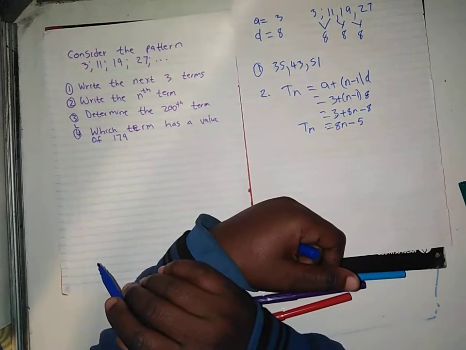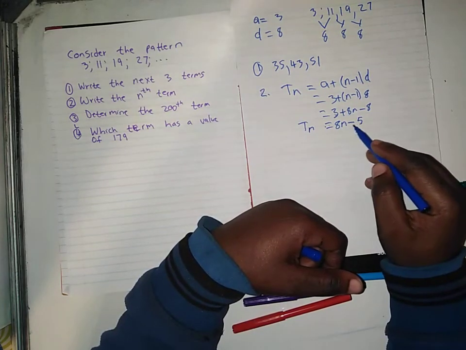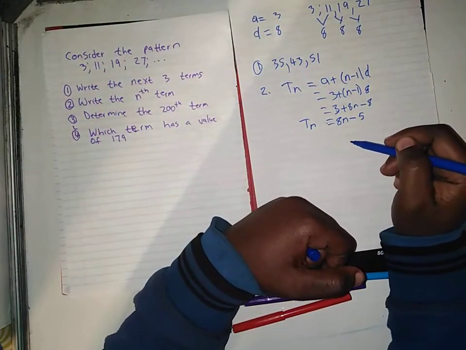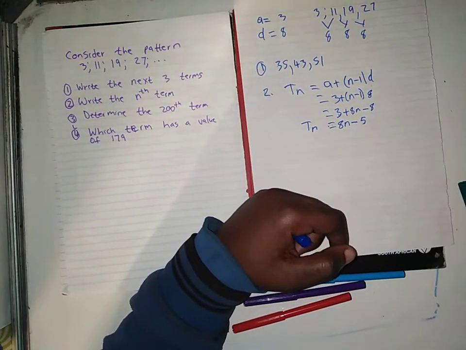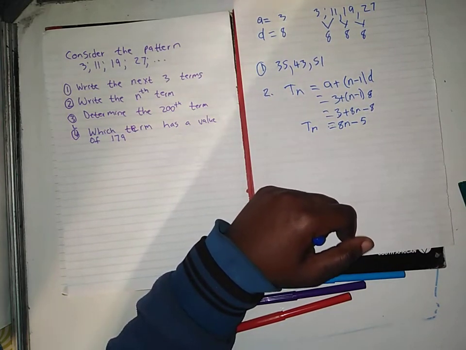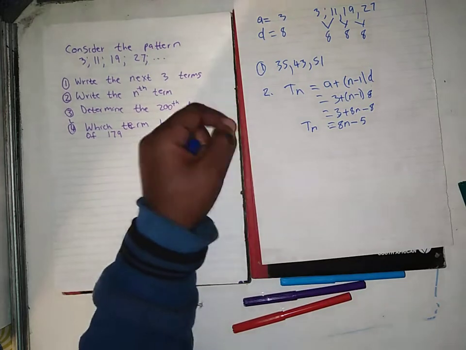Our first term is fine. Let's look at the second one just for argument's sake. T2, 2 times 8 is 16. 16 minus 5 is 11, which is exactly right. That means that this general equation, or this nth term, or the general term, they can call it all of those things, is fine.